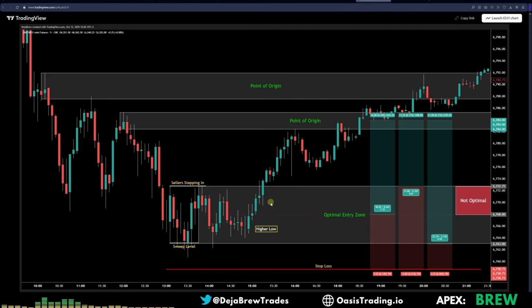So if we left our stop loss there, our risk to reward would be 0.8 or lower. Now, the reason I identified this other point of origin level here is the only way you would make that make sense is if you said, okay, I'm no longer targeting this lower target. I have to go for a higher target now. You would have to go for a higher point of origin or a higher value level.